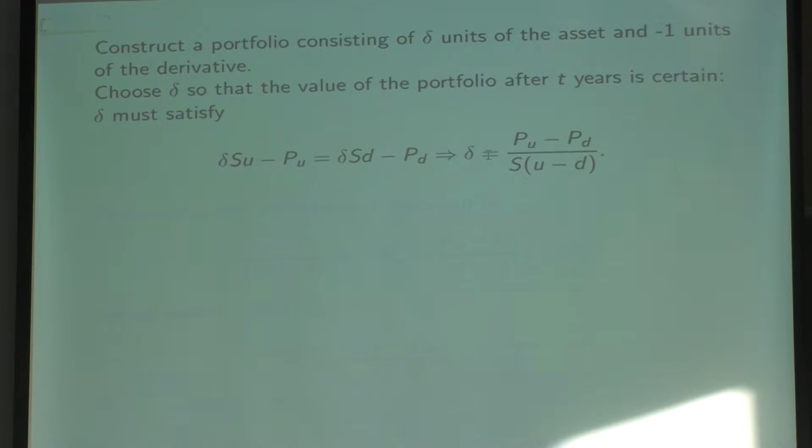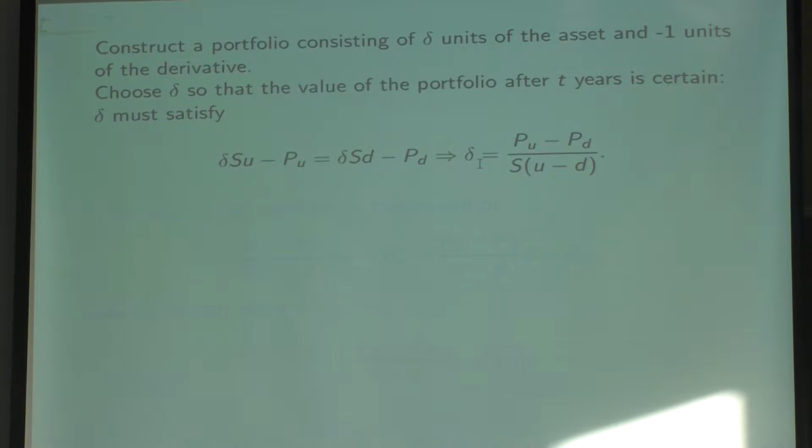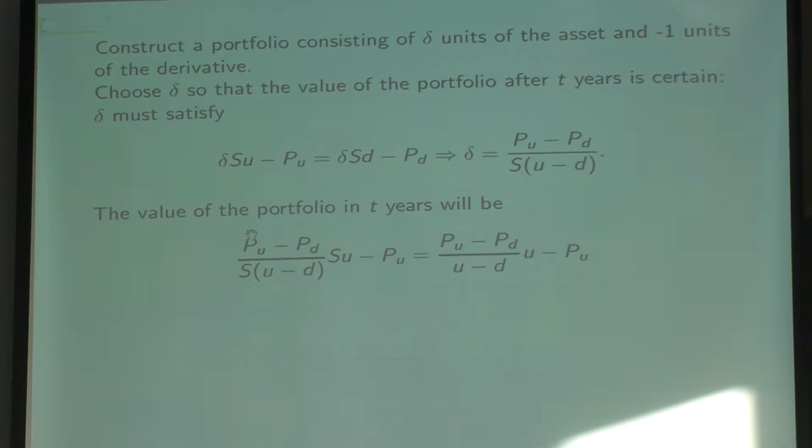I can take either the expression on the left or the expression on the right and substitute this value of delta into it. So let's take, for example, the expression on the left. I substitute this value of delta here, and this is the value of the portfolio in any state of the world. Now I'm going to simplify this a bit.